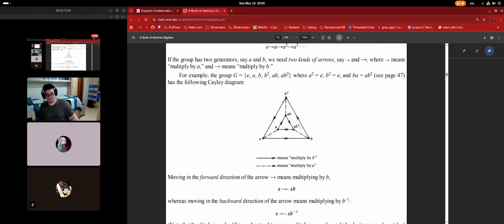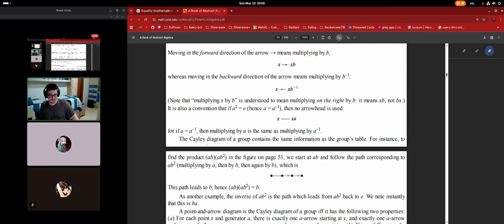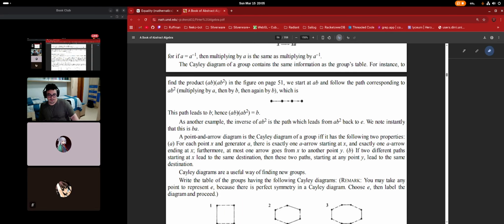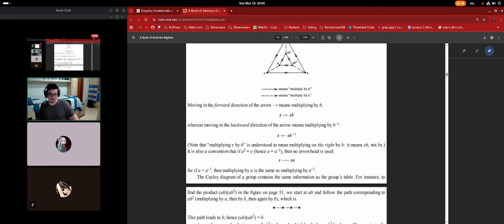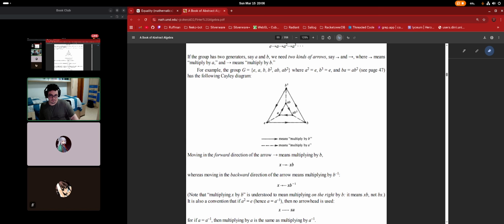I think it is nicer. Let's imagine this example, AB times AB squared. We can actually do this right now. If you start on an A and multiply by a B, you go to AB.